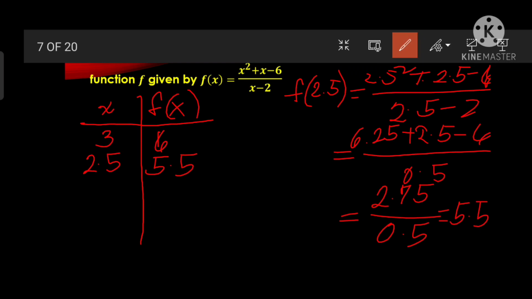Then, let's assign a value a little bit smaller than 2.5. So let's have 2.1 instead.